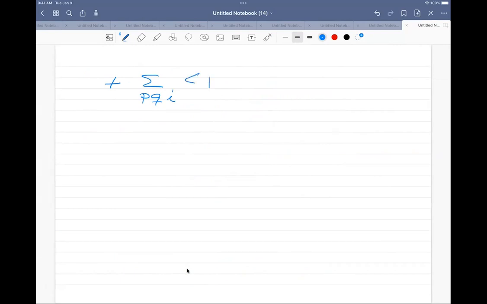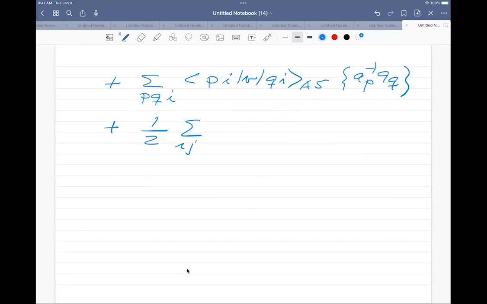And I will have the matrix element P I V Q I. These are anti-symmetrized matrix elements, so they contain the direct term and the exchange term. But now this is a one-body operator. Plus, and then there is a constant term, 1/2, where I'm summing freely over I and J.